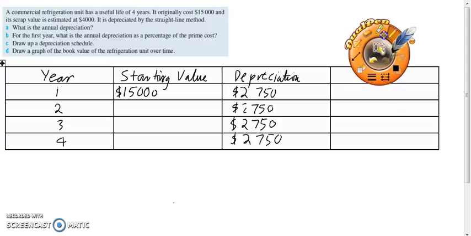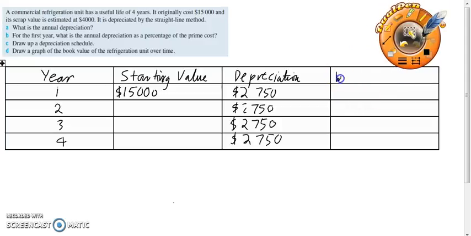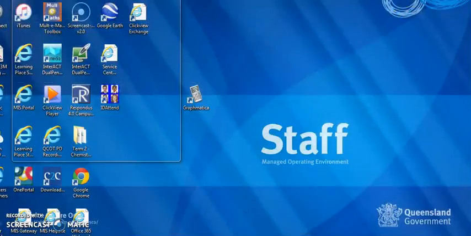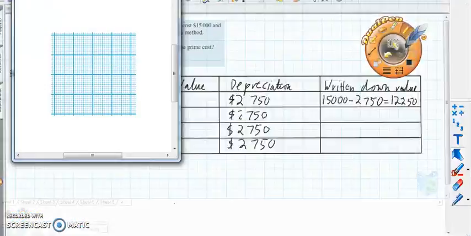So after depreciation, how much is it worth that year? So for the first one, it is 15,000, take depreciation, which is 2,750, and we're left with $12,250.